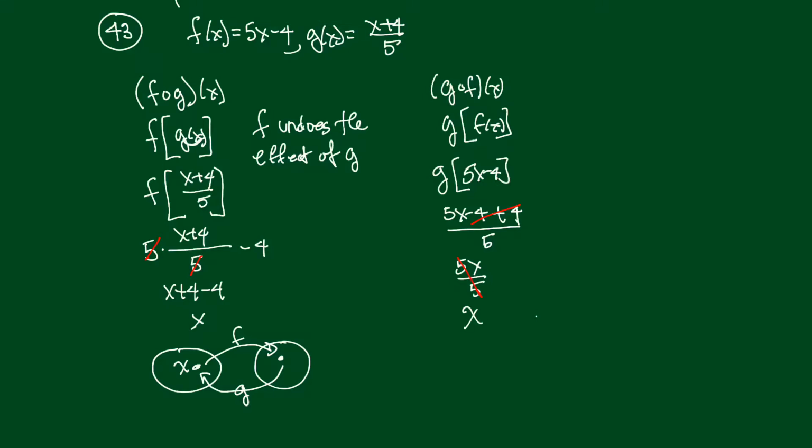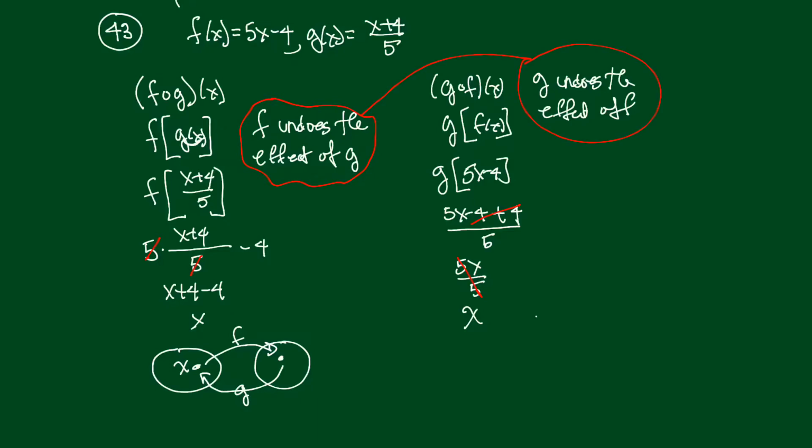So in this case, it looks like g undoes the effect of f. So all in all, what we have is this. f undoes g, and g undoes f. So both these functions undo each other.